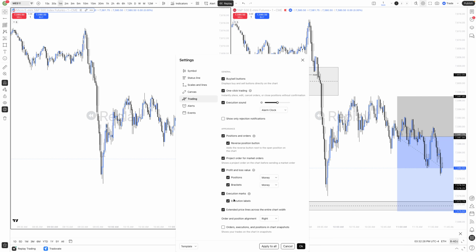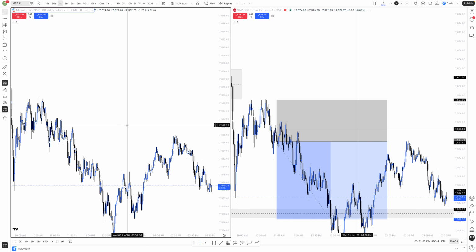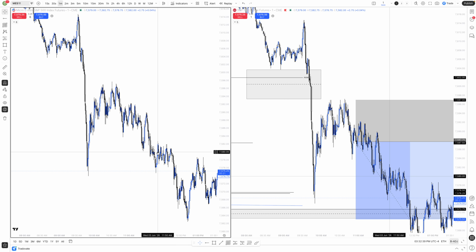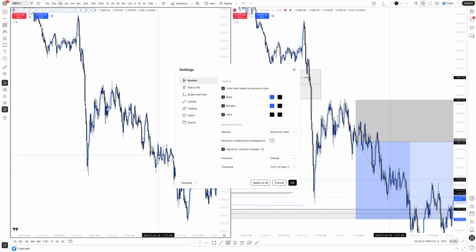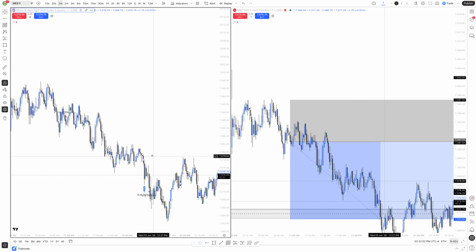TradingView has really been acting up recently. You know what? It's because we're in replay. Look at that. You got to hit it like 4 or 5 times before it shows up. They need to get their stuff together.